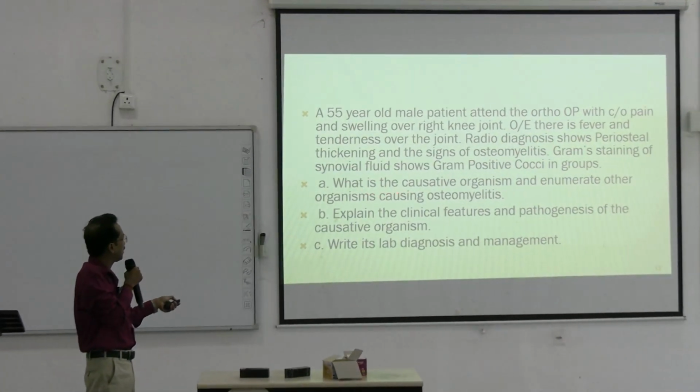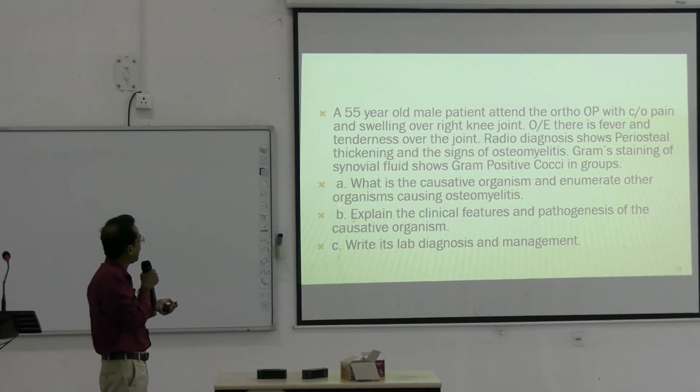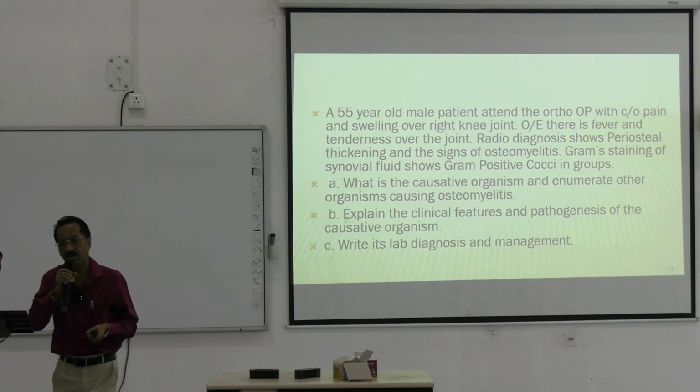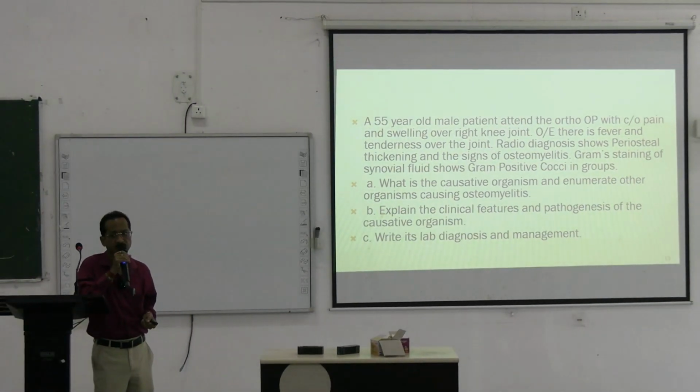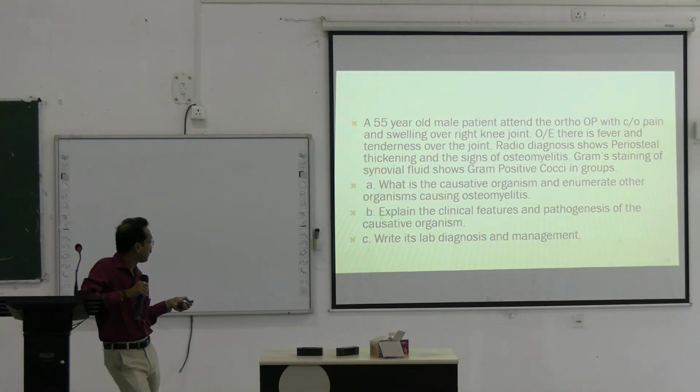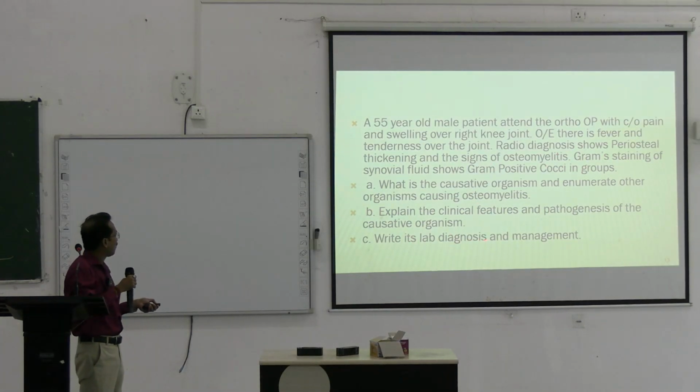What is the causative organism and other organisms causing osteomyelitis? So, osteomyelitis features: if it is chronic osteomyelitis, there may be a sinus. If acute osteomyelitis, there are periosteal reactions in the X-ray. What is the lab diagnosis and management?